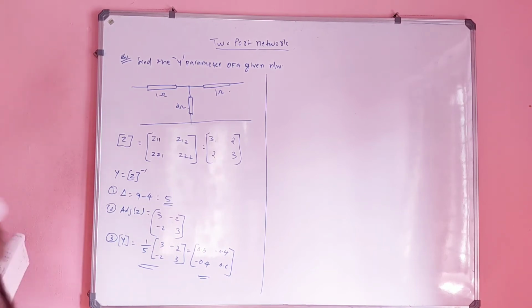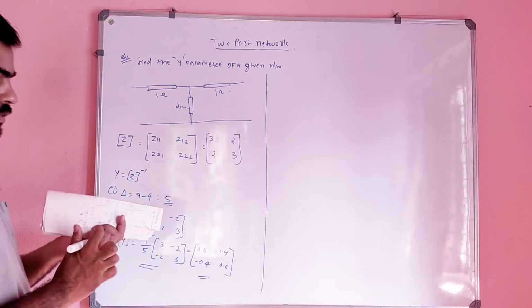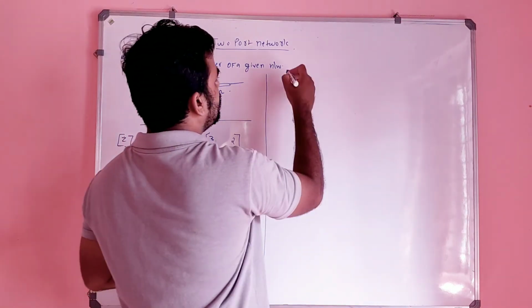Let's write another question. Find the Z parameter in the given network. It's very easy actually.